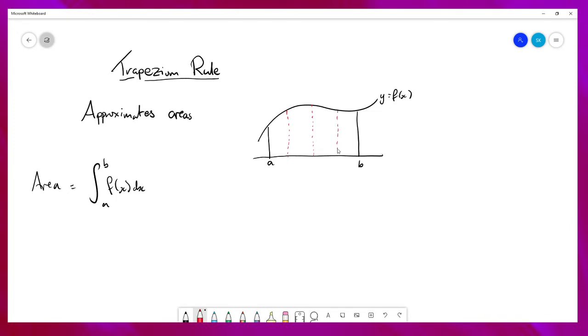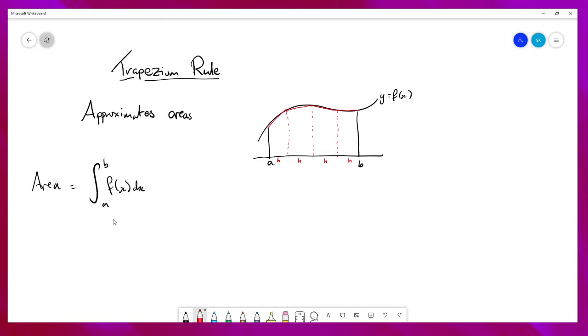Let's say, for the sake of argument here, 4 trapeziums. We can see already that we get a much better approximation. Now the key thing with these is each of these is going to need to be the same width, because otherwise we can't come up with a nice sensible formula.